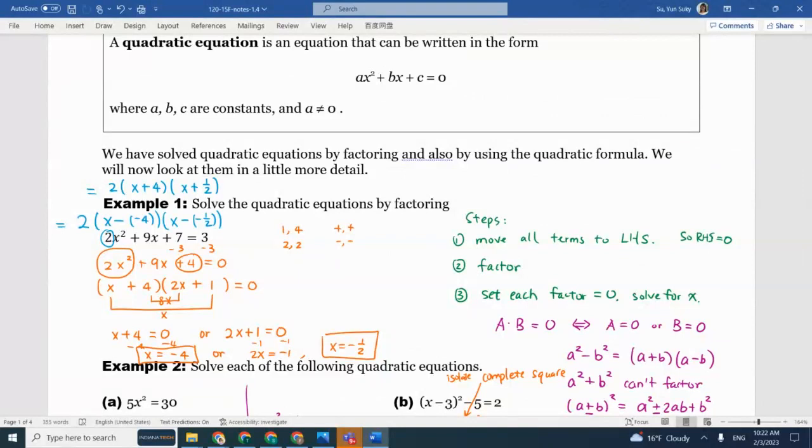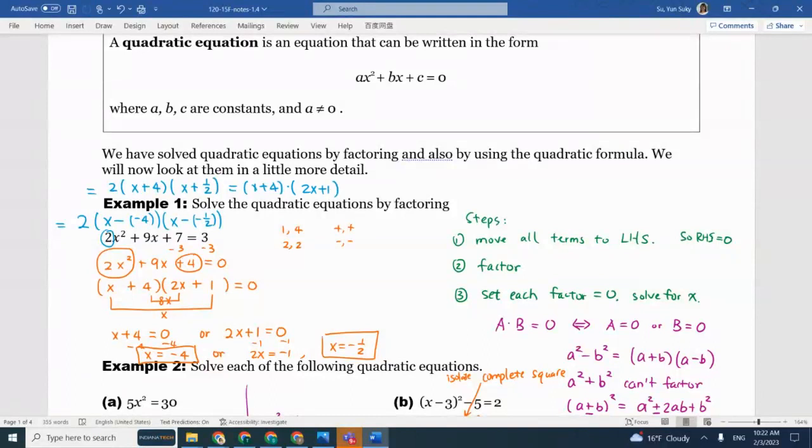Right, everybody? I can multiply the 2 with this factor, it's kind of a distribution. So x plus 4 stays here. And then I distribute the 2 inside here. And I get 2x plus 2 times 1/2 is 1. So I get x plus 1.